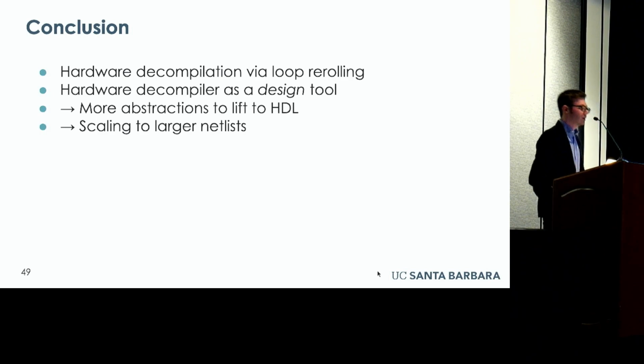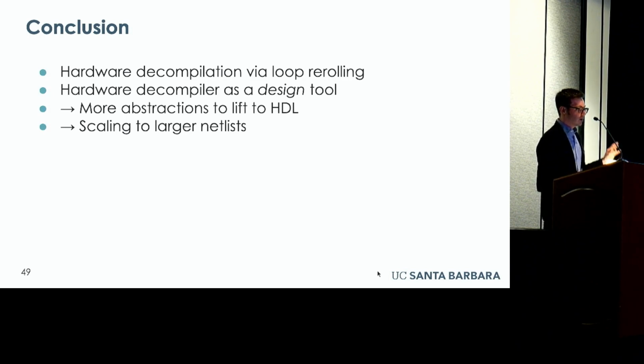Sure. Yeah. Let's see. The largest benchmark that we have, we have numbers in the paper, but it's on the order of, I think, thousands of gates. It's not huge. So there's a lot of opportunities to really scale up to larger and larger netlists. I think a couple of the floating point modules that we looked at were the larger ones.